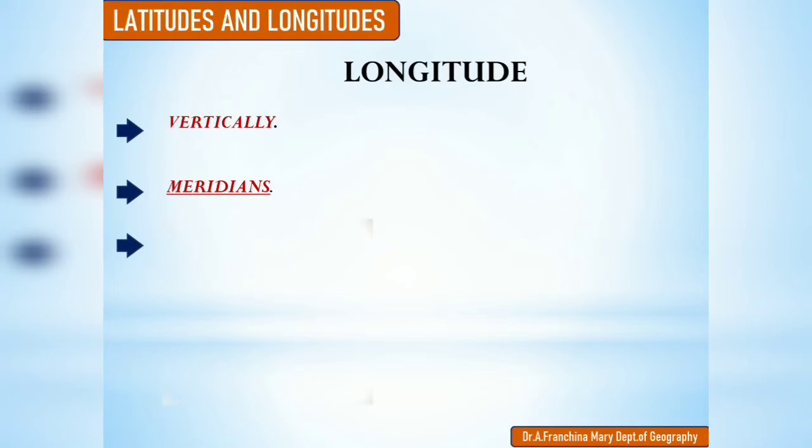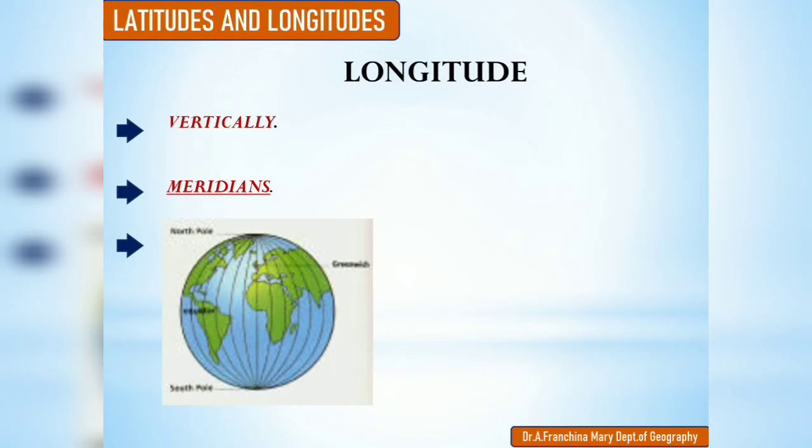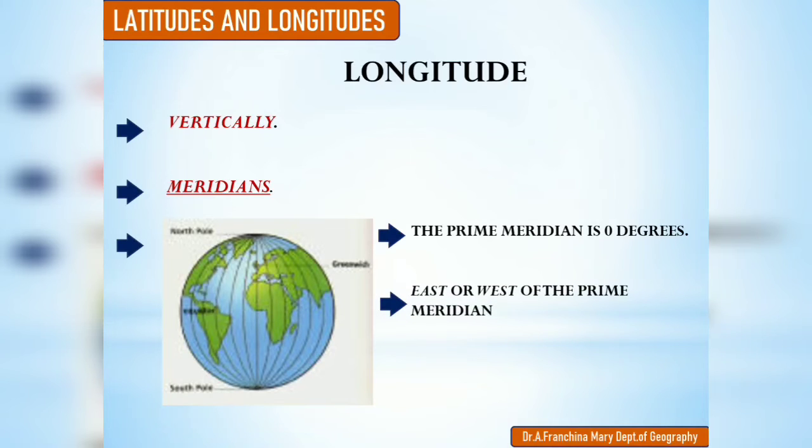The prime meridian is 0 degree longitude and it is found in Greenwich, England. Lines of longitude locate places east or west of the prime meridian. There are 180 degrees of east longitude and 180 degrees of west longitude.